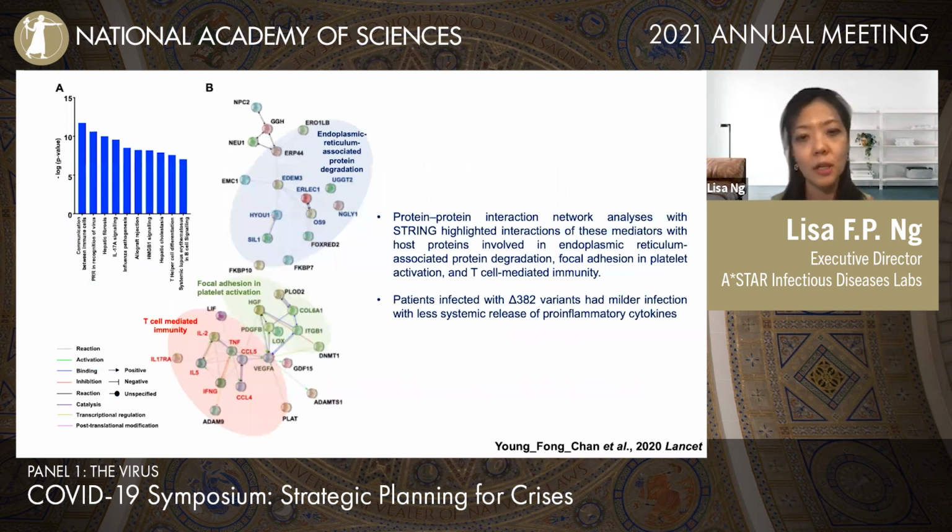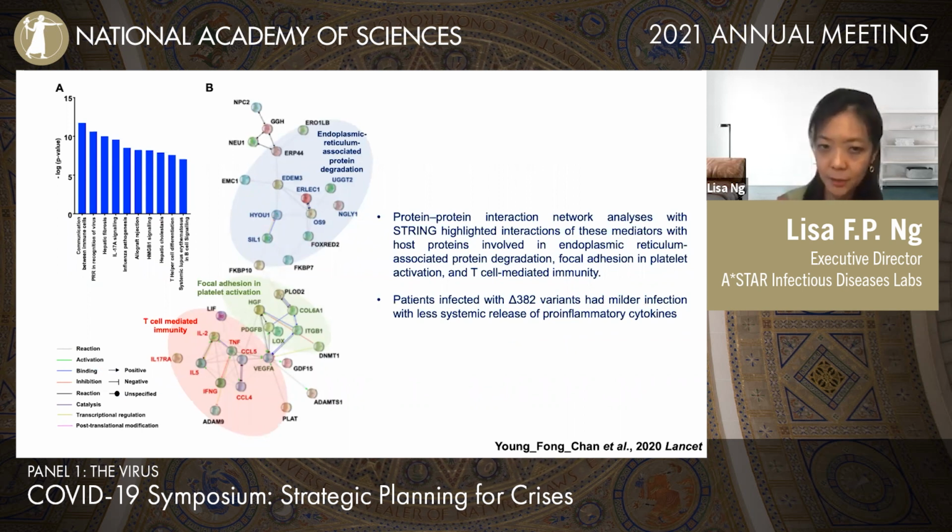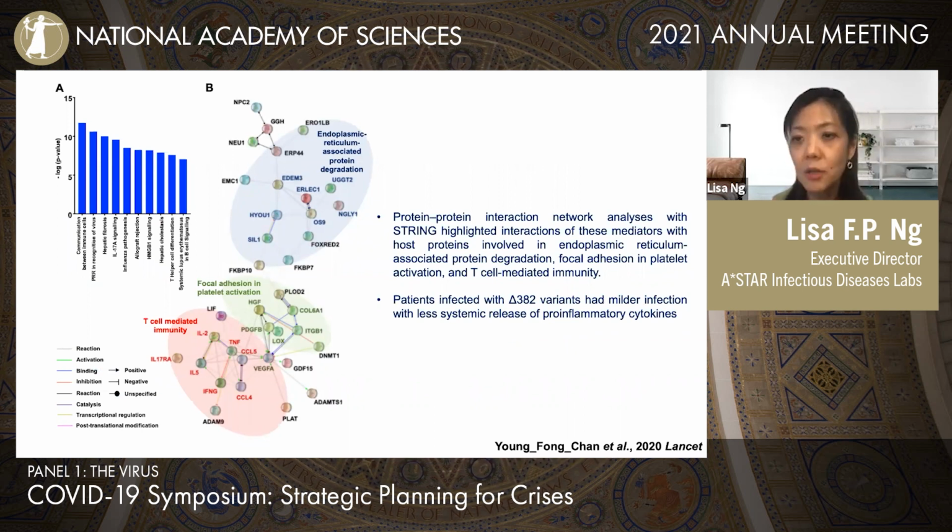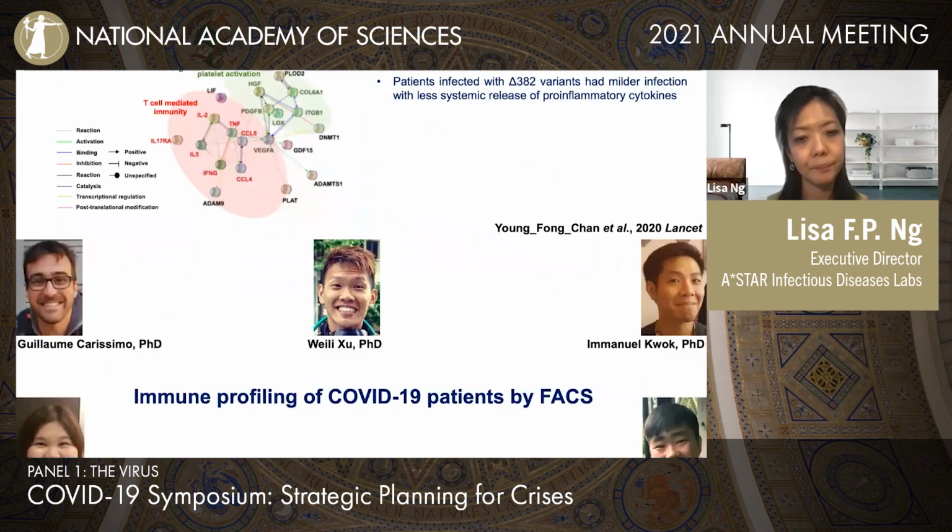So of course, we then went on to study the protein-protein interaction network that found several host factors that were shown to associate with the ORF8, which suggested various possible mechanisms of how this could control the outcome of the infection.